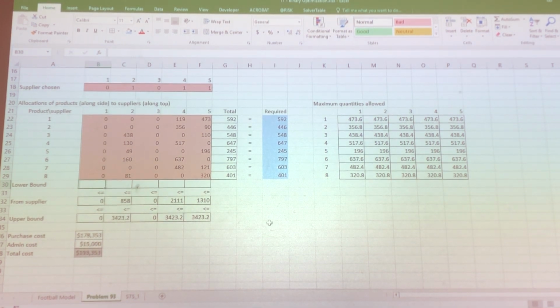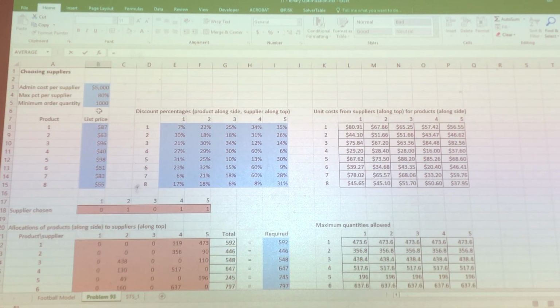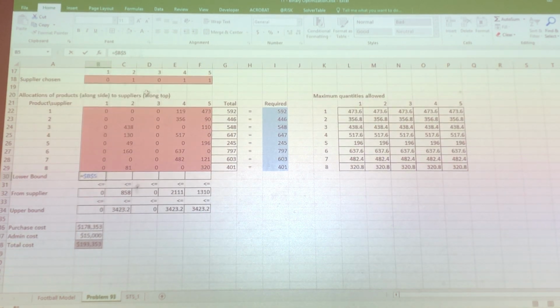So what do I put, which is now, for me, in cell B30, as the lower bound for supplier 1? 1,000 times B18. Yeah, so 1,000, I'm gonna absolute reference that, times what? B18.